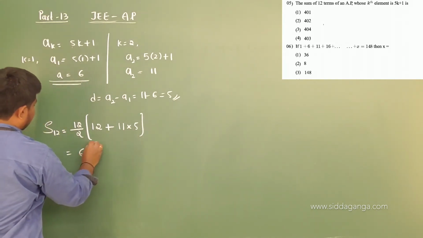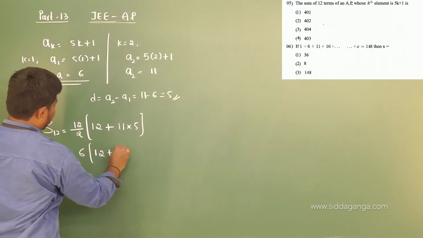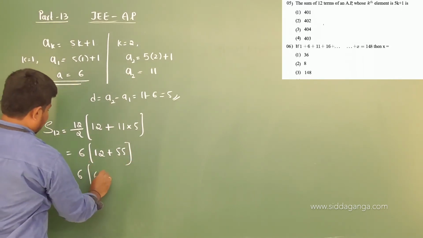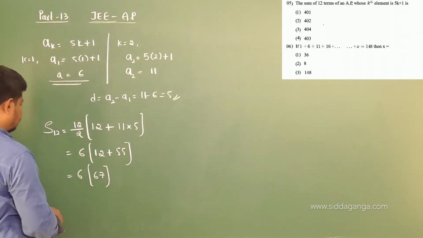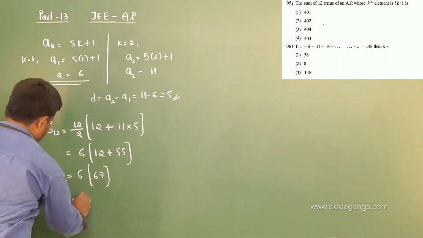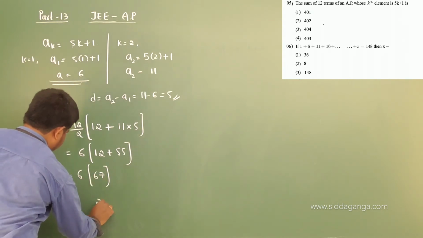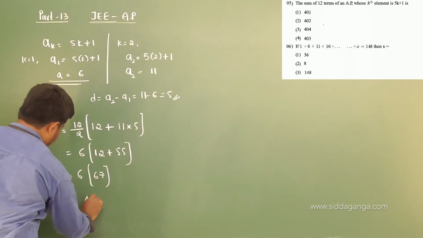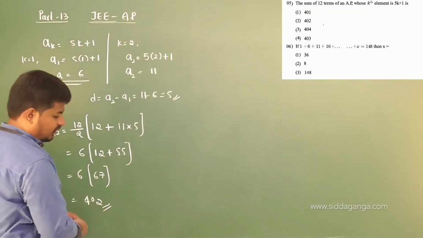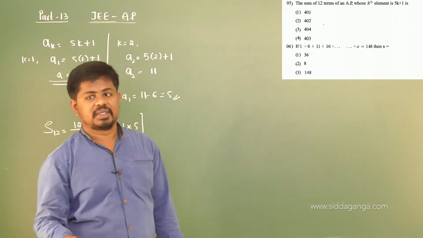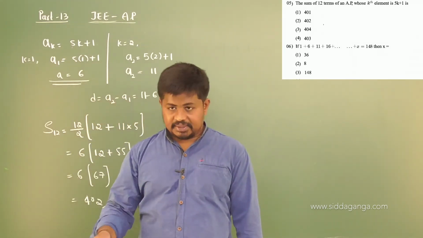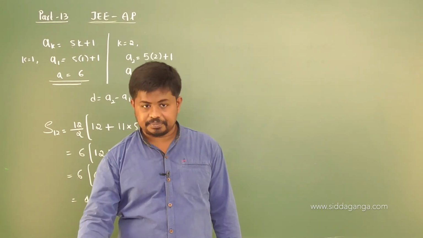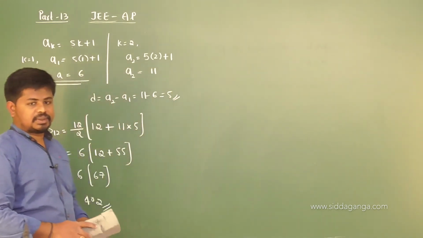This gives 6 into 12 plus 55, that is 6 into 67. 6 sixes are 36 plus 6 sevens are 42, hmm, 6 into 67 gives you 402. The sum of the first 12 terms of an AP whose kth term is 5k plus 1 is 402. That is, option second is the correct one.